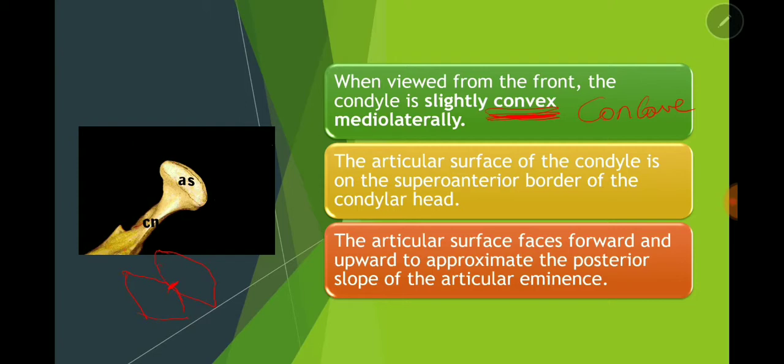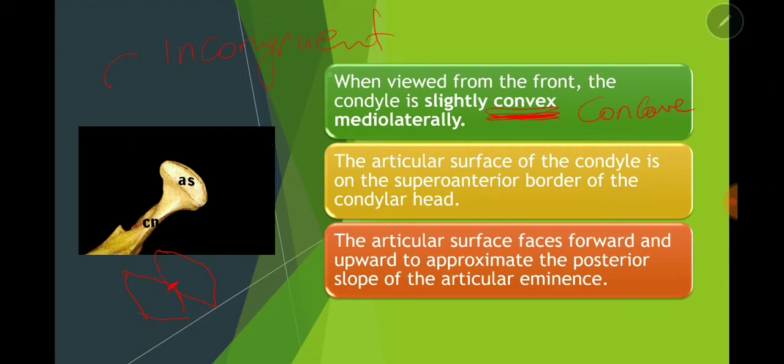Now, to make it interesting, the normal anatomy of the condyle and the glenoid fossa without the disc is incongruent.